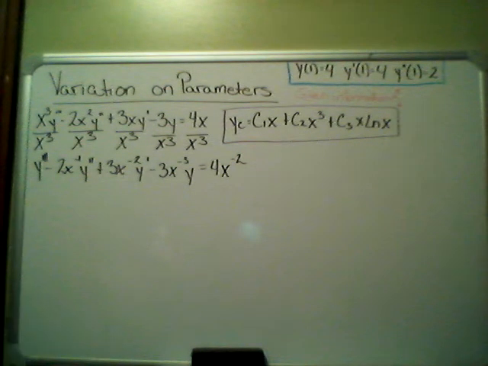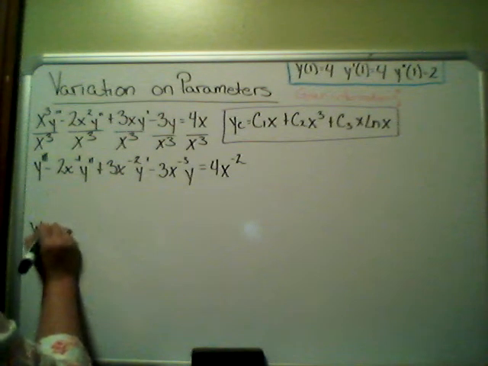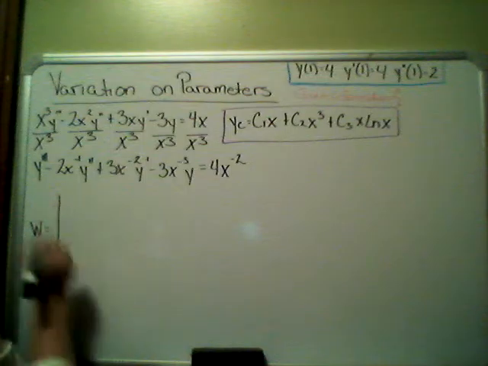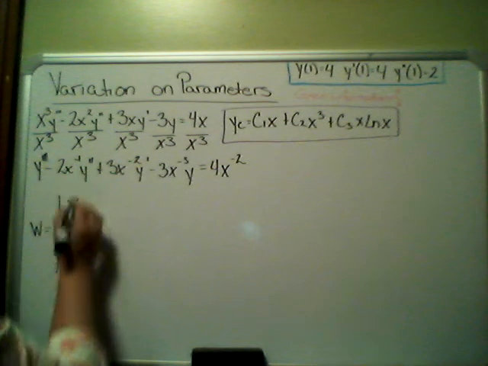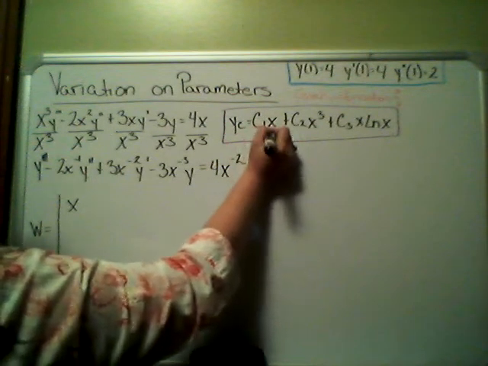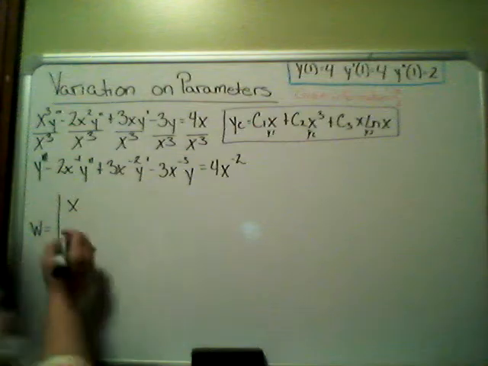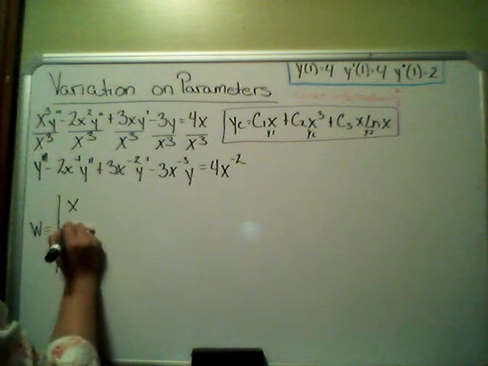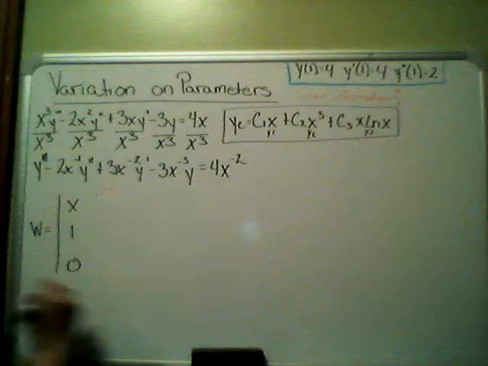The next thing we're going to do is put together our first Wronskian. So W equals, we have our y1 right here, this is y2, and this will be y3. Here we'll have y1 prime, which is just 1, and y1 double prime, which is 0.